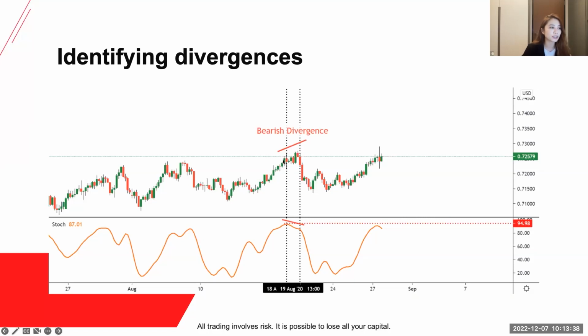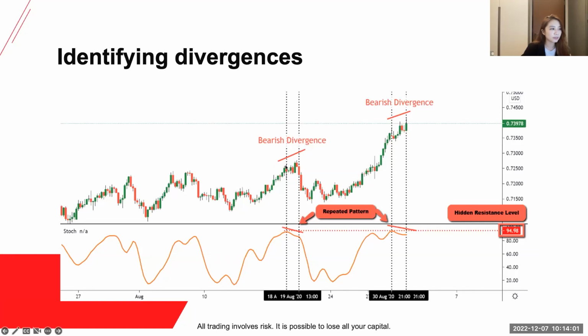You can see that price actually closed off higher than before. However, in stochastics, they can capture a lower momentum, which is really odd, right? Since the price actually did close higher than before, which is an indication of a divergence, which in this case, we call a bearish divergence.